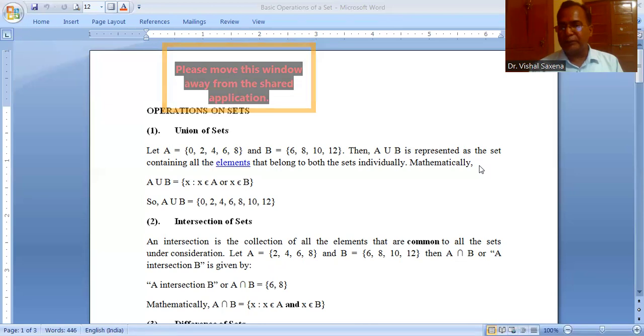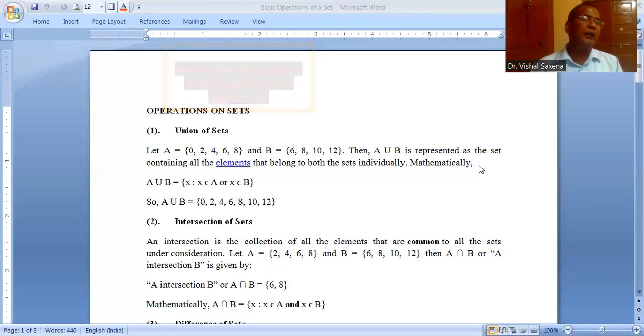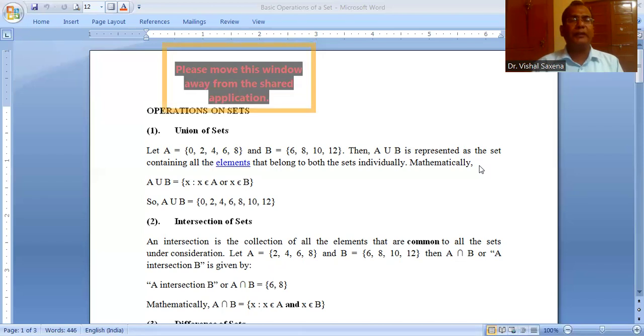Now we take one example to explain this. Suppose we have two sets A and B. Set A = {0, 2, 4, 6, 8}. The elements in set A are 0, 2, 4, 6, 8. And set B is given by {6, 8, 10, 12}.